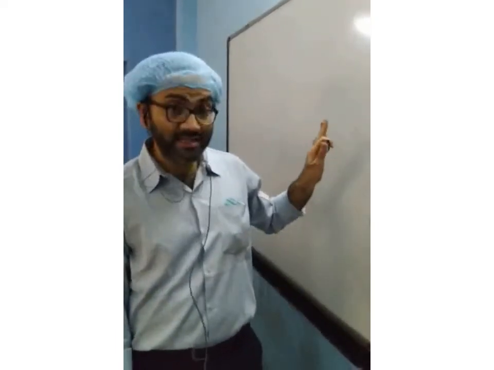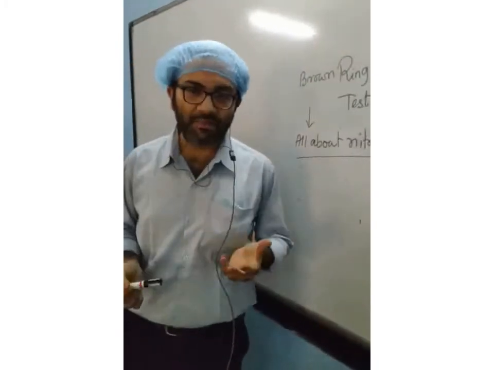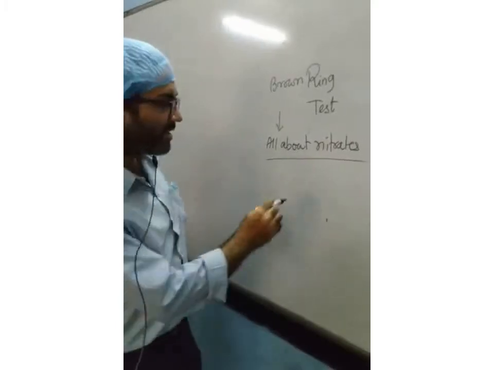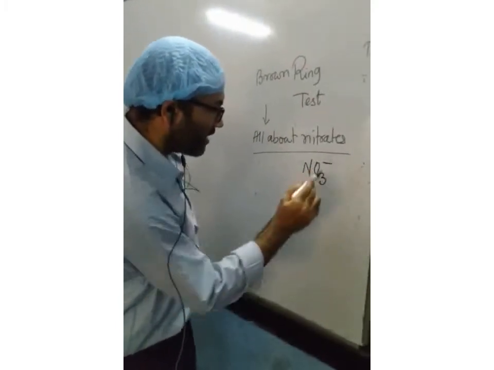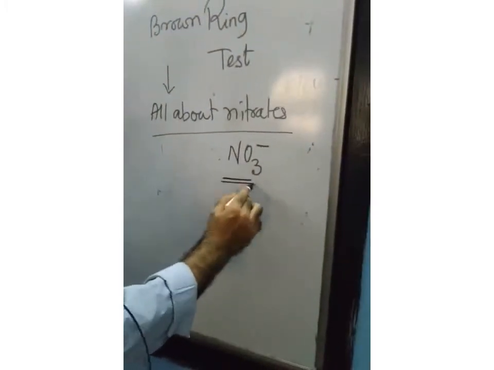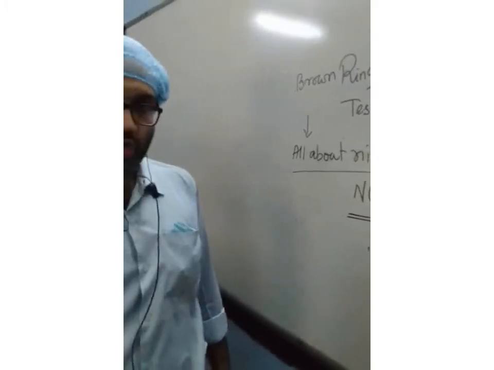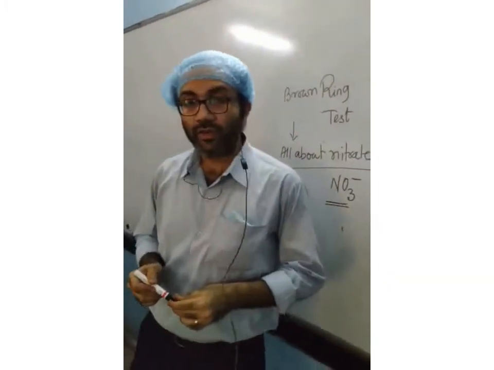This is a very good confirmatory test which confirms whether a particular sample contains nitrates. Nitrate means this symbol, I hope you know this, NO3 with a minus. So for any sample, whether it contains this particular anion or not, we can carry out this test and go for a confirmation.